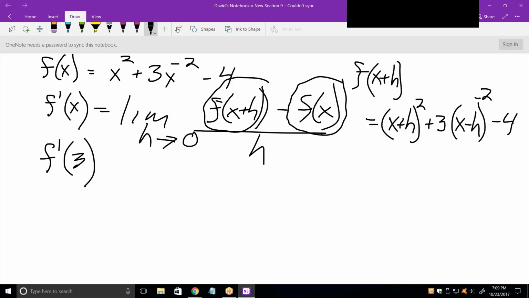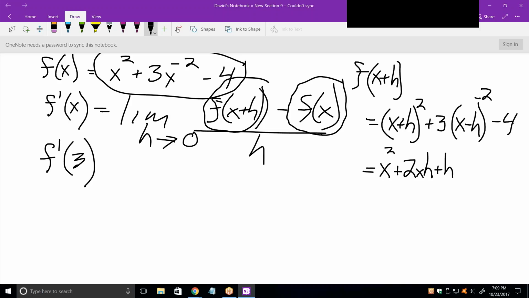Now, I'm going to subtract from that. But in order to do it, let me write this expanded, because you always have to expand the f of x plus h.